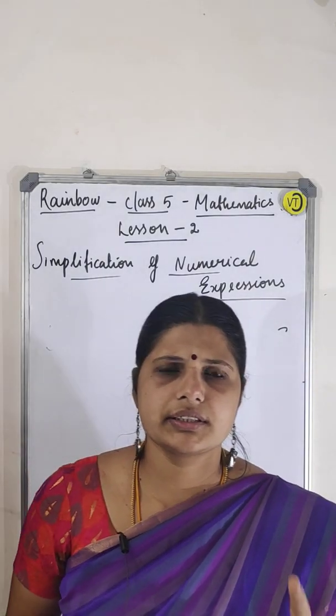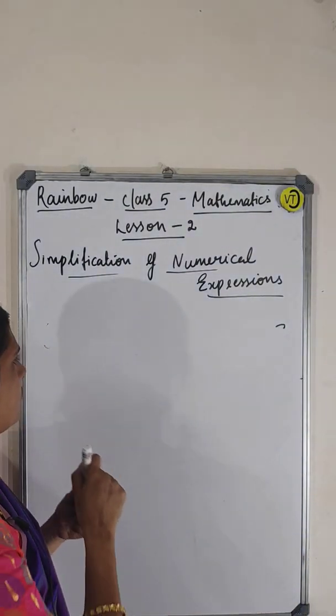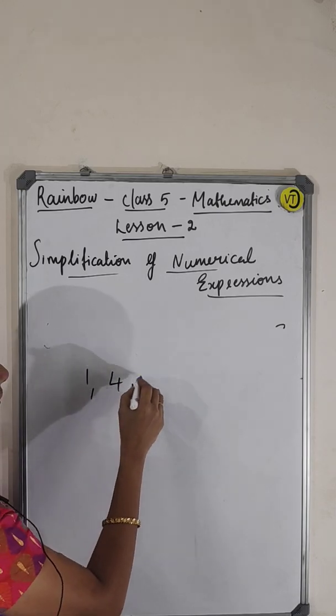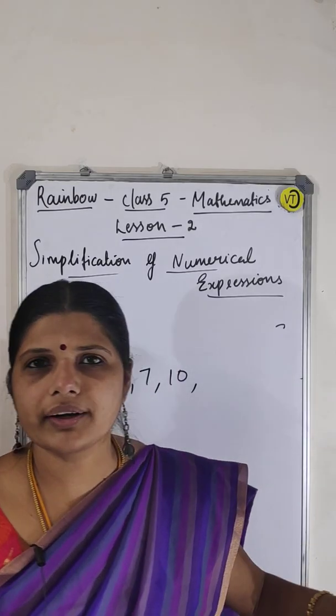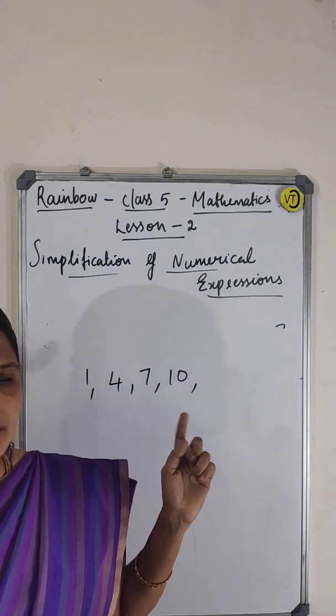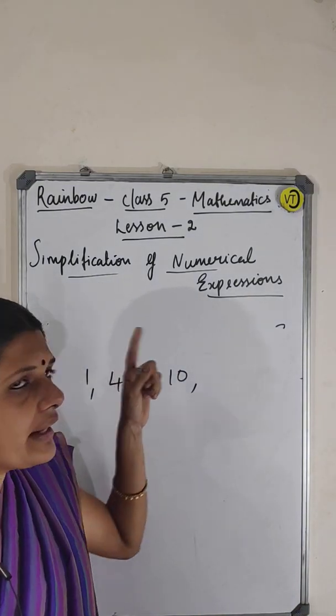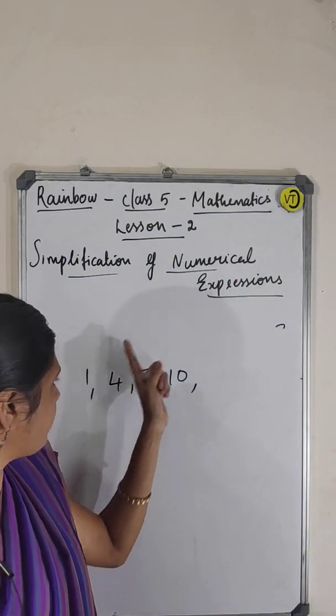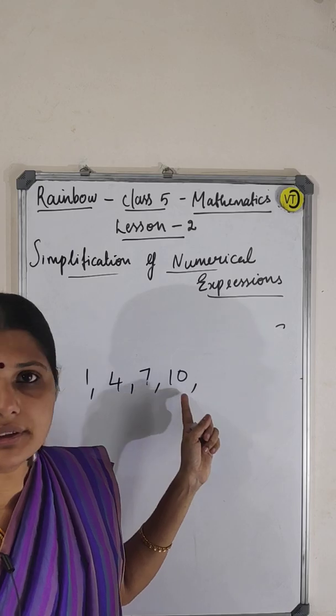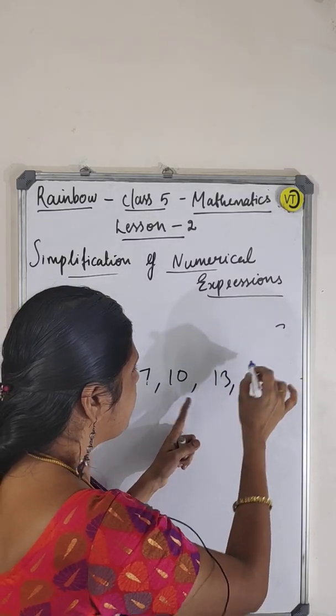What is that? See now. Here 1, 4, 7, 10. It is going on. What is the pattern they have followed here? It is adding 3 to each number. 1 plus 3, 4. 4 plus 3, 7. 7 plus 3, 10. And 10 plus 3, 13. 13 plus 3, 16.